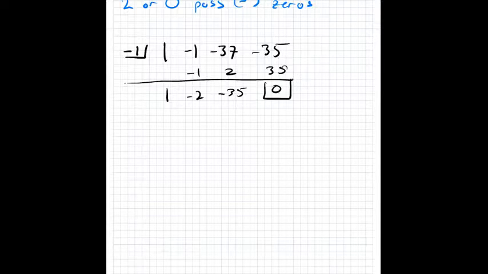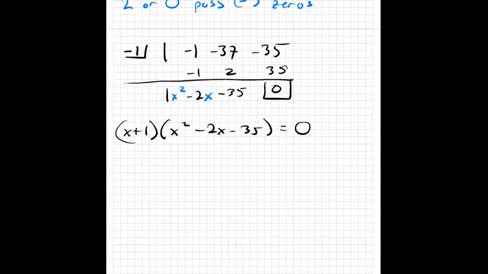So at this stage, if we write out our factors, if -1 is a zero, that means x plus 1 is a factor. And since we started with a degree 3 polynomial, at this stage we have a degree 2 polynomial, right? So we're going to have this times x squared minus 2x minus 35 equals 0. Now we want to see, can we factor that trinomial? We have x and x.